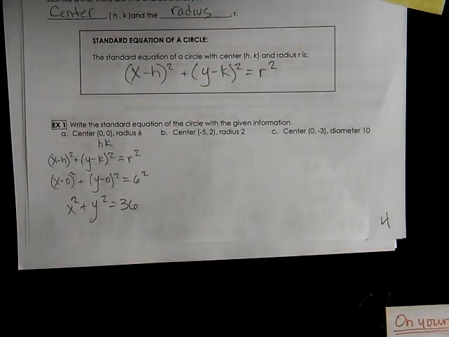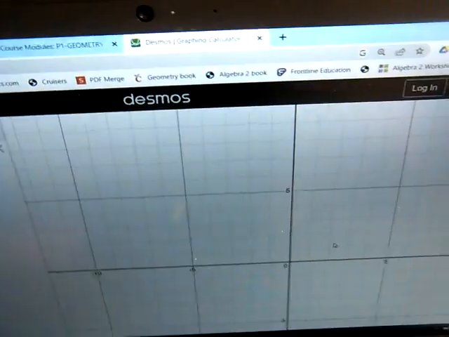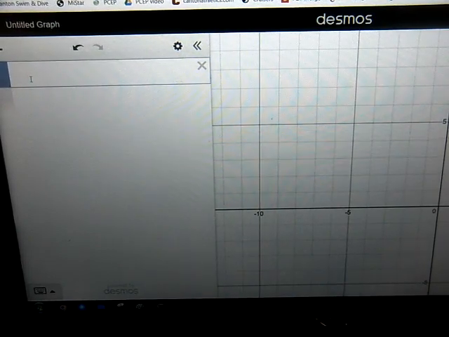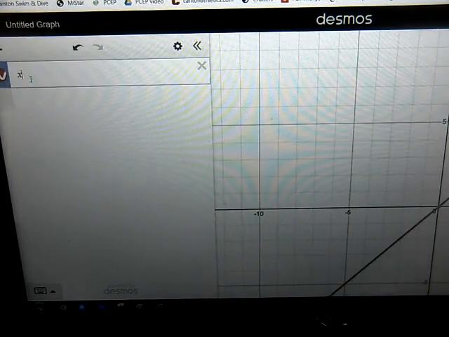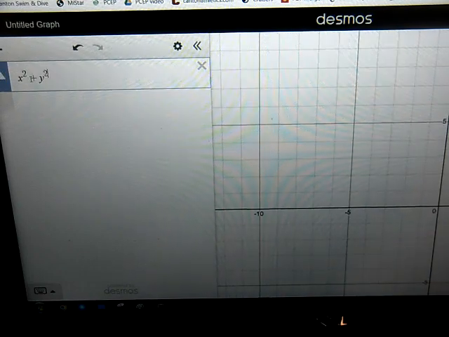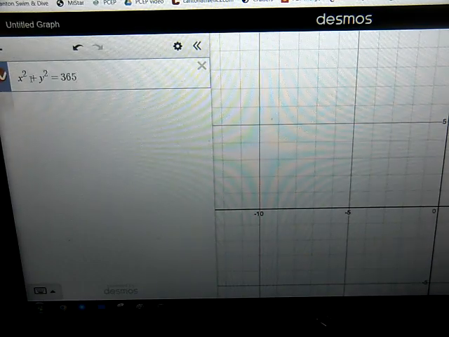If we come over to Desmos, we can take a look at Desmos. We can type in our equation. We just had x squared plus y squared equals 36.